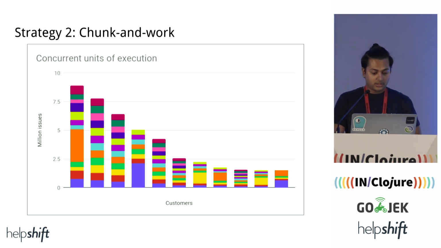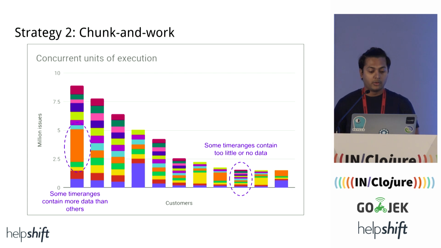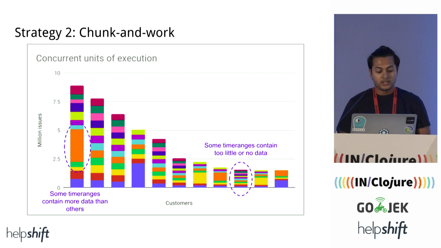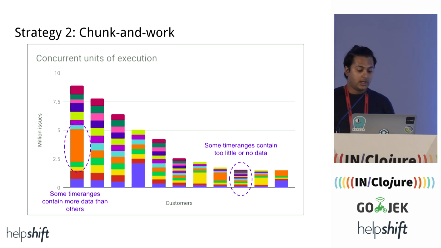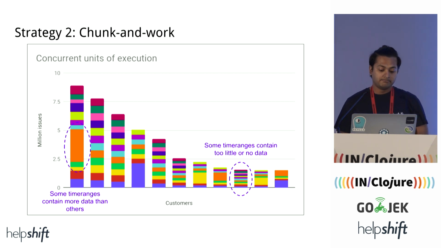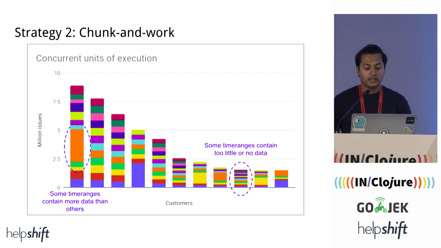But there are some nuances that we want to point out here. So if you look at some of the chunks that we divided our customers' data into, some of them are not of the same size. There are some chunks which have more data, and there are some chunks which have very little data. And this happens because we are splitting our data into time ranges, but we don't know how much data is there in each month.